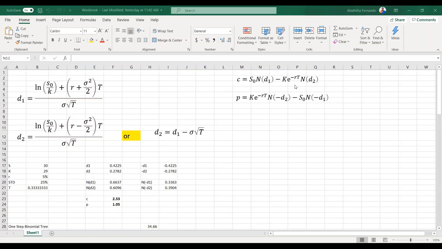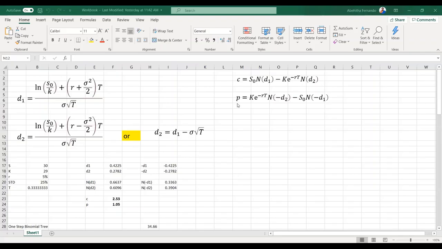For those Z values, we need to take the probabilities. The easiest way to remember is that d1 is associated with the stock price, S0, and d2 is associated with the strike price.